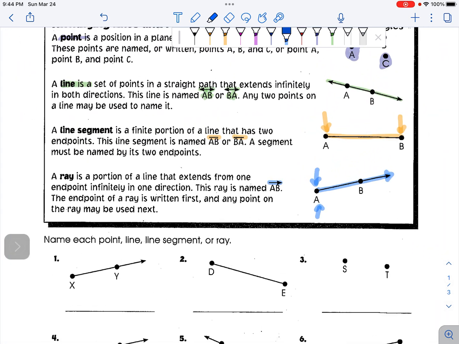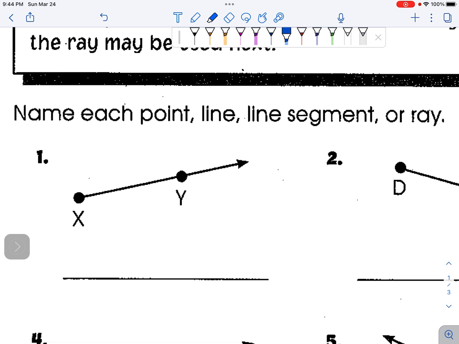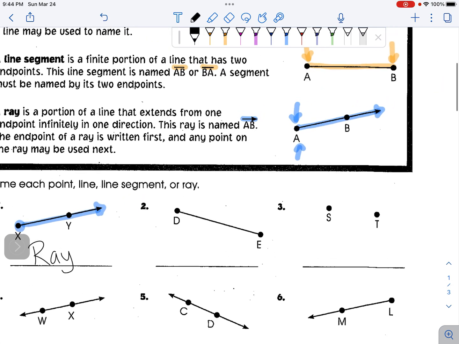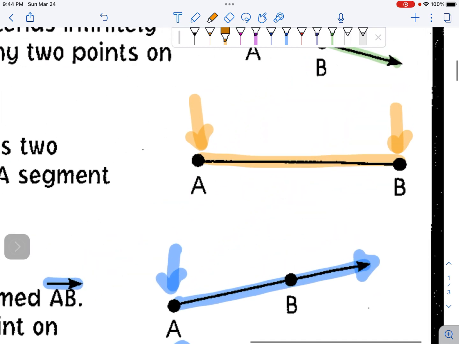Here we go. Let's do a couple of these. This one for number 1 has a point on one end and goes through another point to an arrow. That means that it is a ray. That's like the last example up above. Number 2, this one has a point on both sides and it's connected. That's like AB.